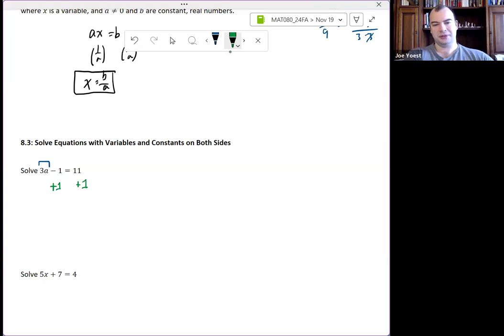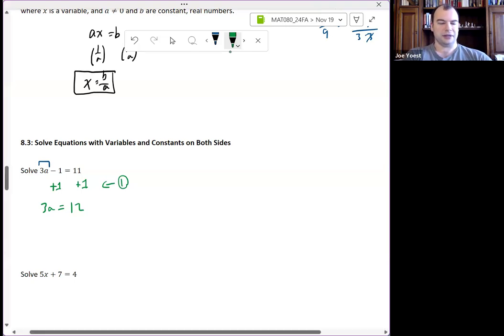Minus 1 plus 1 equals 0. So I have 3a on the left-hand side equals, and 11 plus 1 is 12. I applied one equation solving step, using my addition and subtraction property of equations. Now I get 3a equals 12.